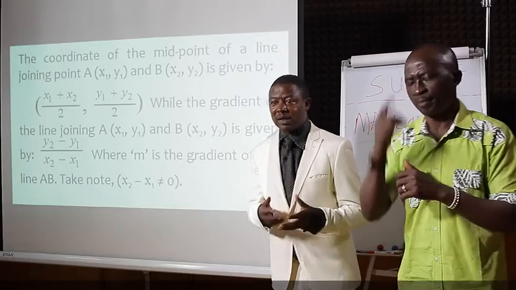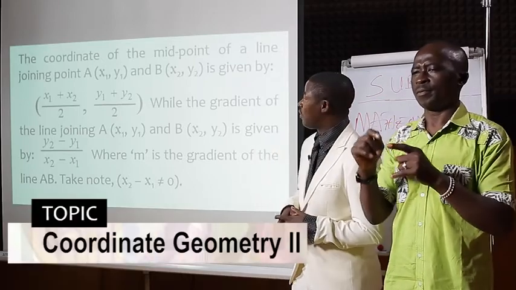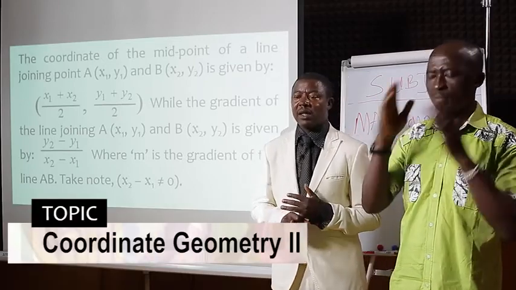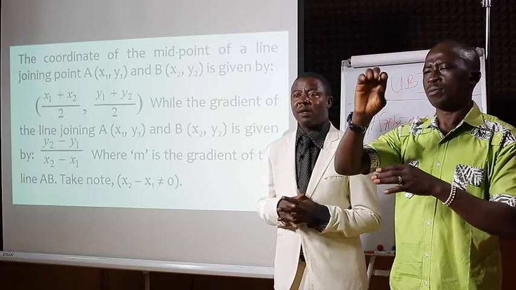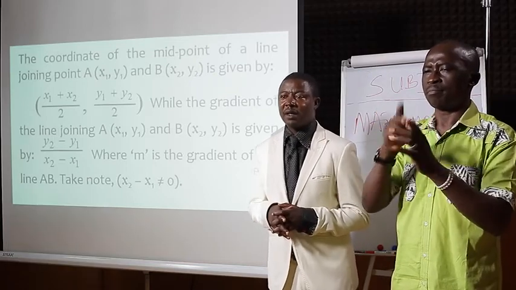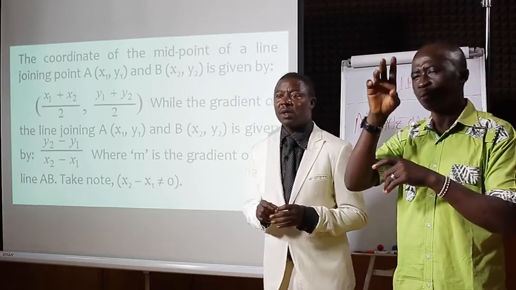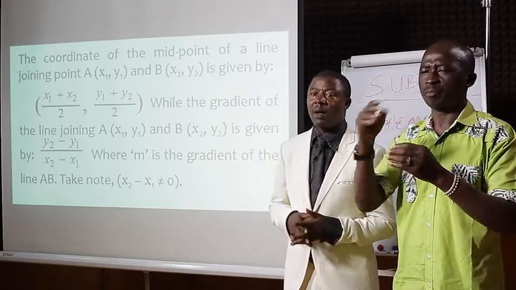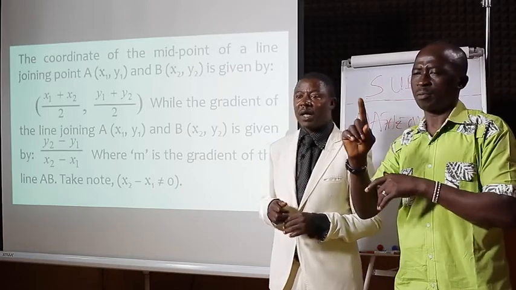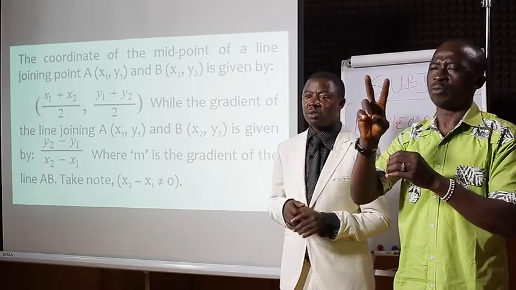Now, to conclude the lesson, let's have a review. Take note that the coordinate of the midpoint of any line segment is given by the formula ((x1 plus x2) divided by 2, (y1 plus y2) divided by 2).